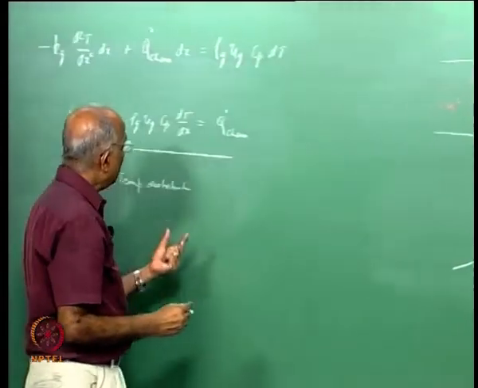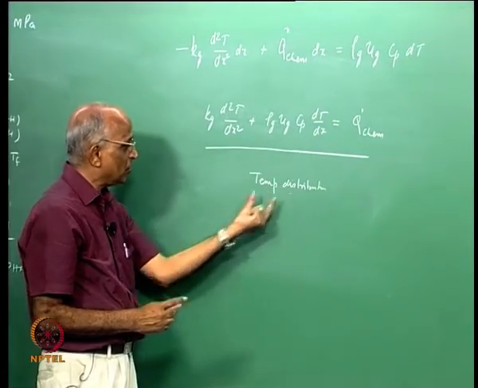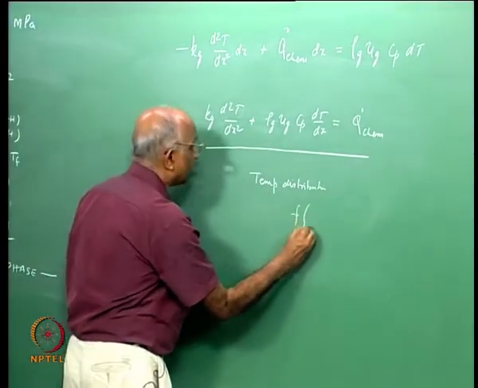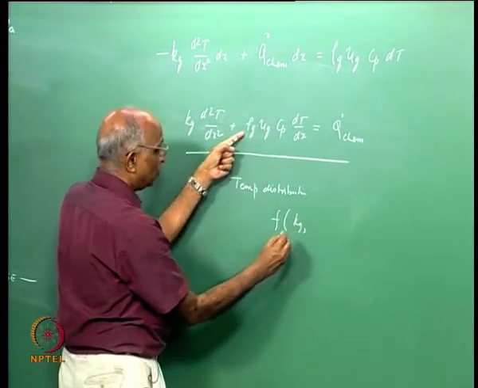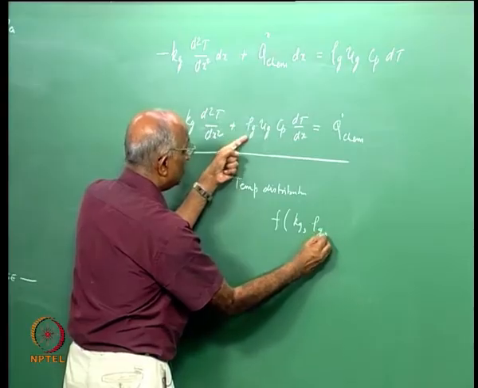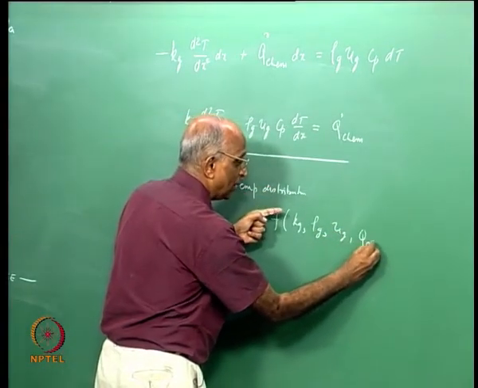Therefore, this solution will give me the temperature distribution, but this temperature distribution is going to be a function of the value of the thermal conductivity of the gas in the fizz zone, maybe the density in the fizz zone, maybe Ug in the fizz zone, also the value of Q chemical.